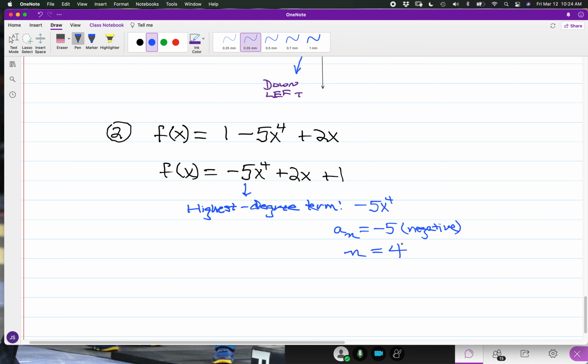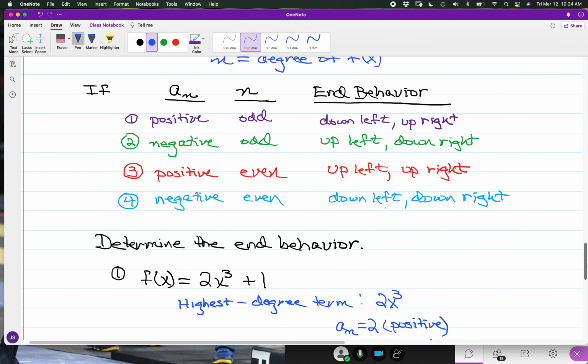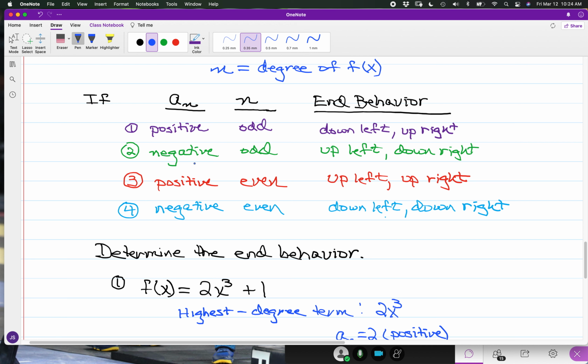So you have a negative leading coefficient, and the power of the polynomial is an even value. So you've got negative and even. If the leading coefficient is negative and the degree is even, the end behavior is going to be moving down both to the left and to the right. So you have down to the left and down to the right.